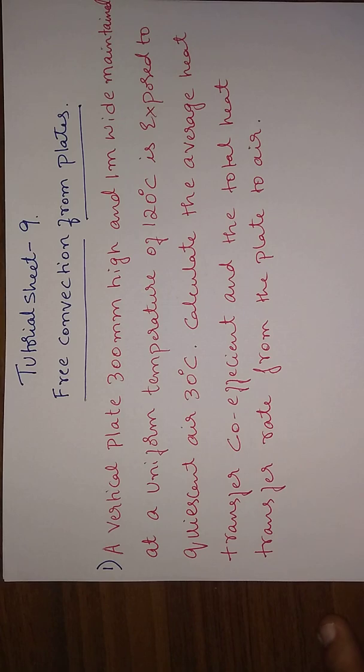For example, a flat plate placed vertically and a flat plate placed horizontally. Similarly, in a horizontal flat plate, you can get two cases: hot plate facing upwards and hot plate facing downwards. And similarly, in cylinders, a cylinder placed vertically and horizontally.